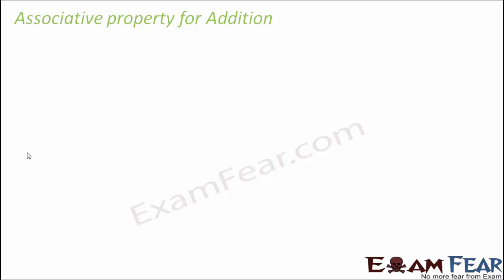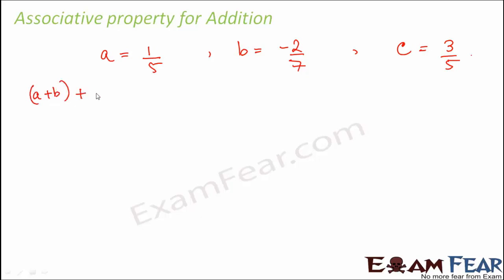First, let's start with the associative property for addition. Let's consider one rational number A as 1 by 5, B as minus 2 by 7, and C as 3 by 5. Considering these three rational numbers, let us first calculate A plus (B plus C)... actually (A plus B) plus C. So this comes out to be 1 by 5 minus 2 by 7 plus 3 by 5.